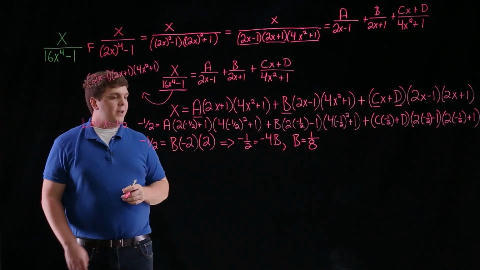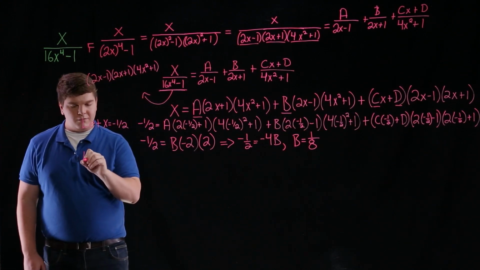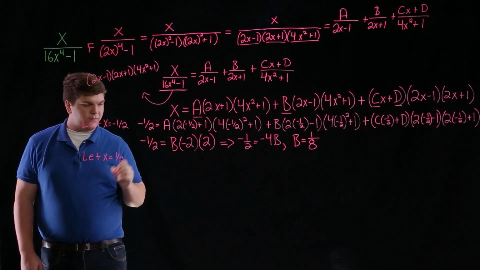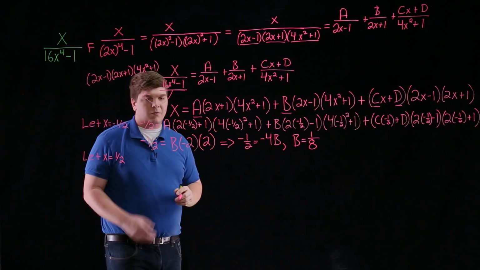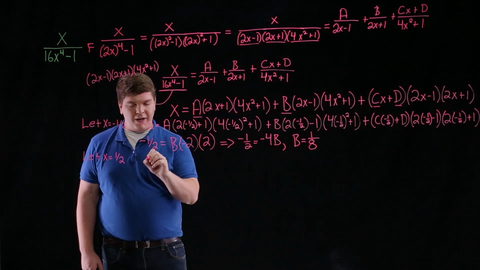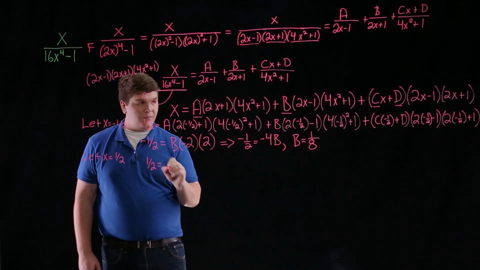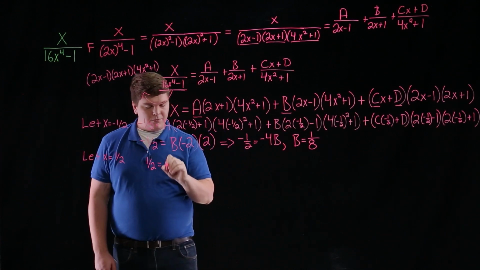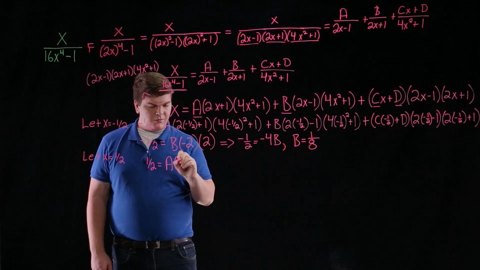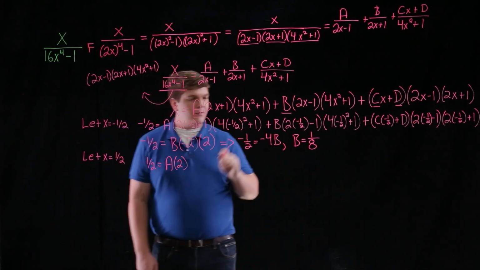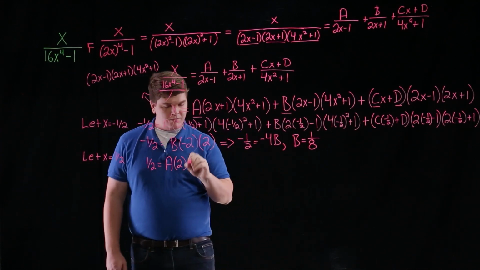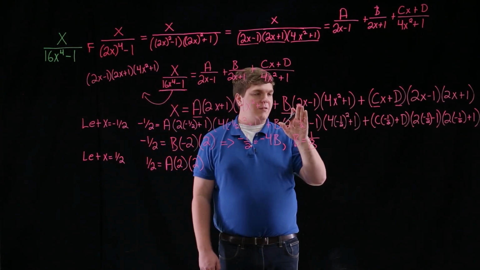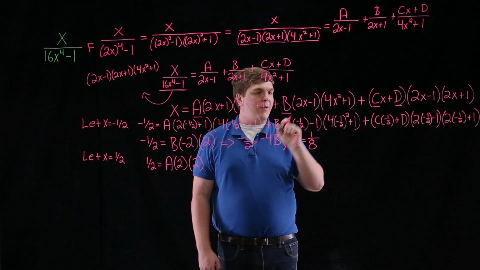Next, we can let x equal 1/2. And here, what we'll have is 1/2 is equal to a times 2 also times 2 plus b times 2 times 1/2, which is 1 minus 1.